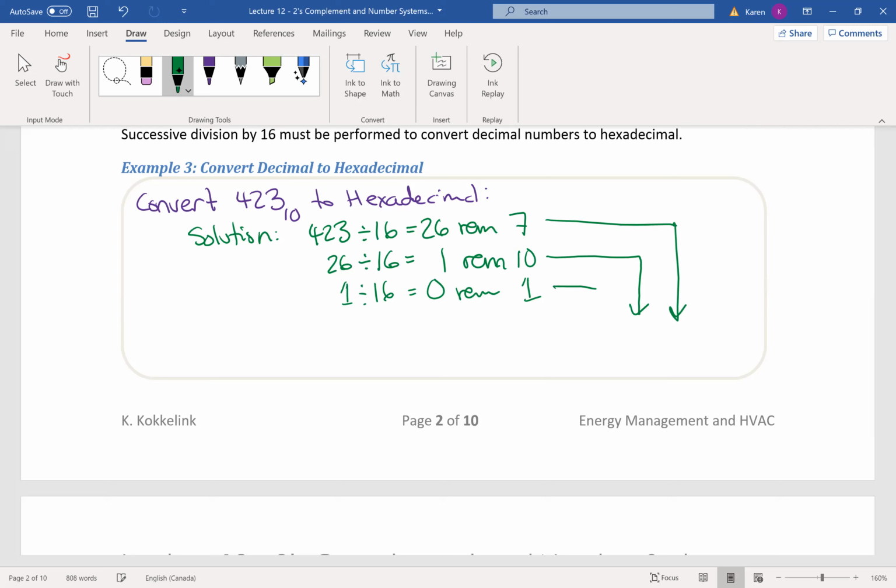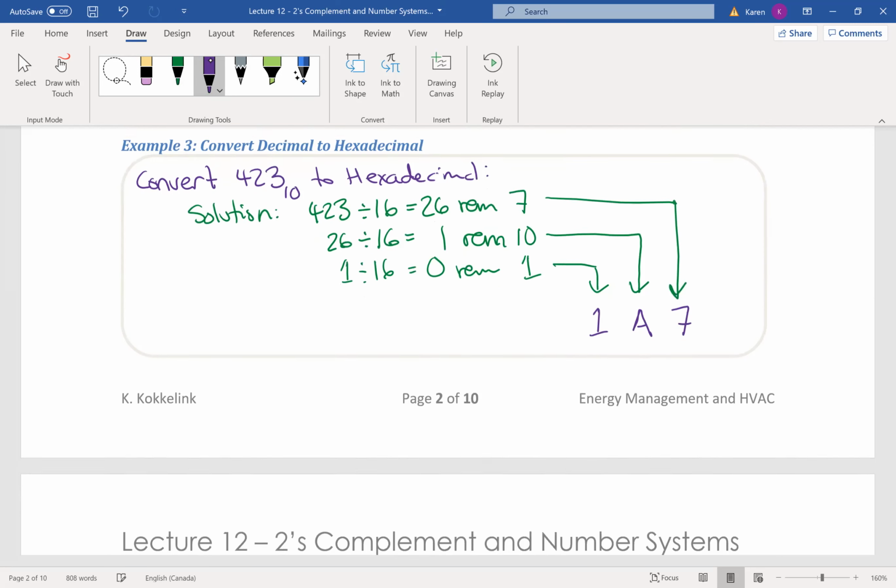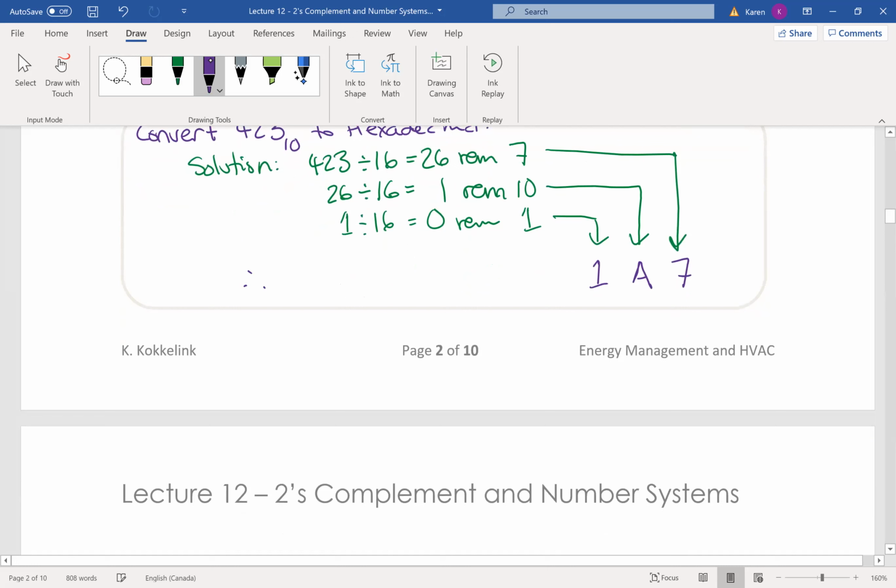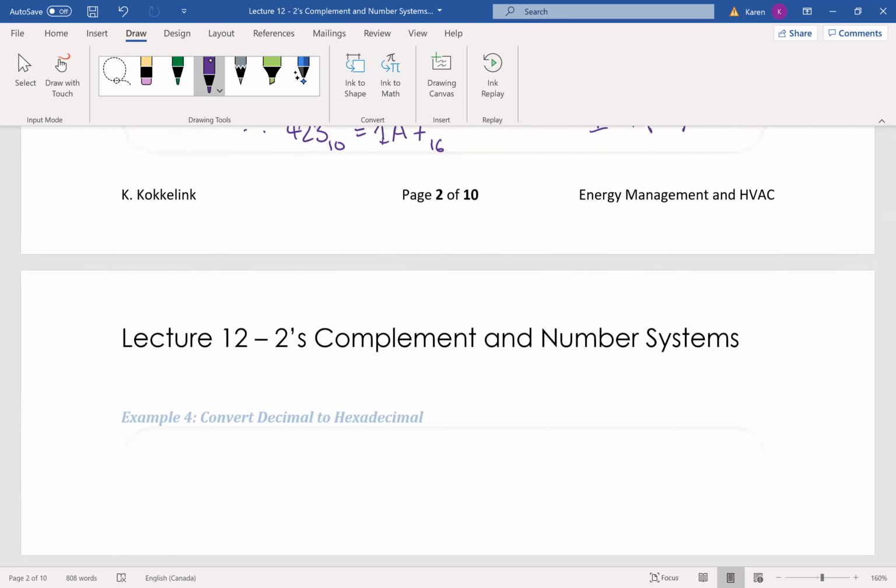Now I'm going to drop these down, and my least significant digit is 7. My middle digit is 10, which is represented by an A in hexadecimal, and then a 1. So therefore, 423 in the decimal system is equivalent to 1A7 in base 16, the hexadecimal system.